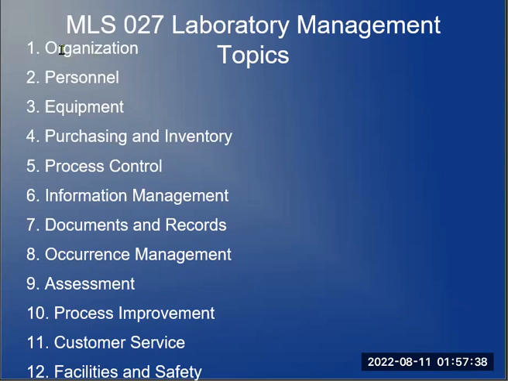So what is organization? In order for the lab to succeed to its goal, mission and vision, a laboratory should have an effective organization and hierarchy of responsibilities. So if ever there is an incident inside the laboratory, you know where to report or whom to report.